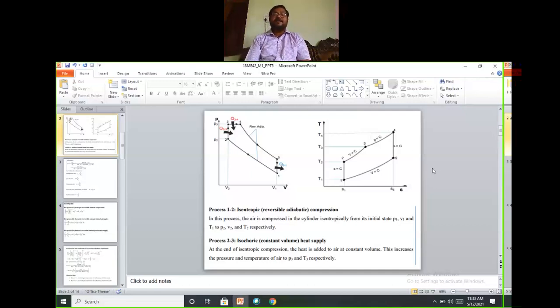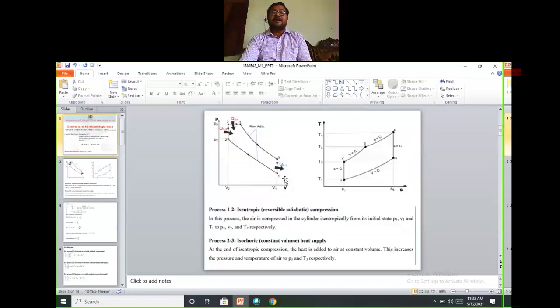In the dual cycle, as with the various cycles we have discussed here, it is the same type of cycle. The PV diagram and TS diagram are there in this cycle also.